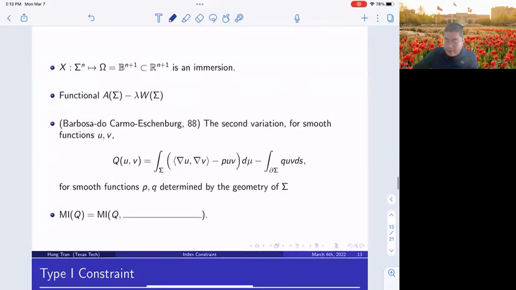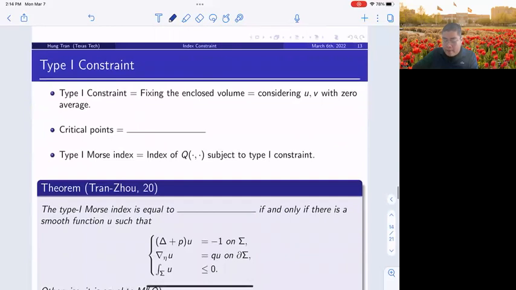So the index of this symmetric bilinear form is just the index of this operator in the function space of smooth functions. So here we do not consider any constraint yet. For the type 1 constraint, remember that corresponds to fixing the enclosed volume, and that's equivalent to considering u, v with zero average.